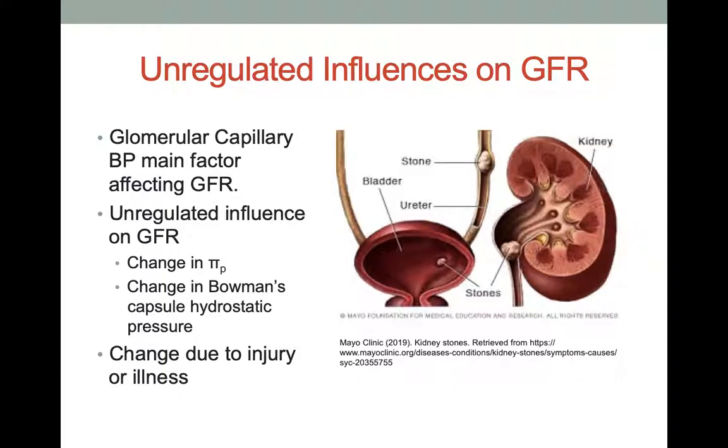Now, regarding unregulated influences on GFR, the plasma colloid osmotic pressure and Bowman's capsule hydrostatic pressure normally don't vary a whole lot, so we really can't regulate them actively. Now, there are some pathological things, like injury or illness, that can cause those things to change, and that could inadvertently affect our GFR.